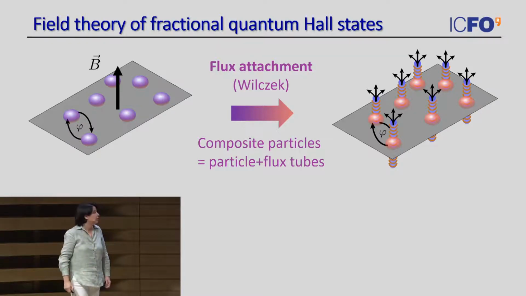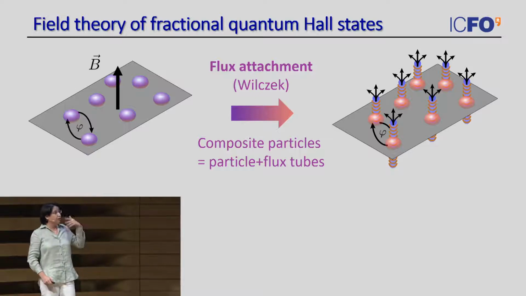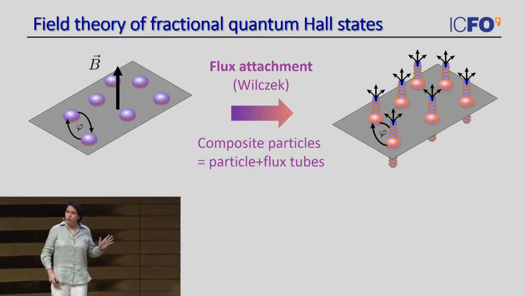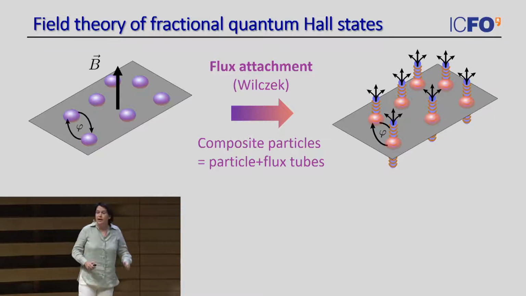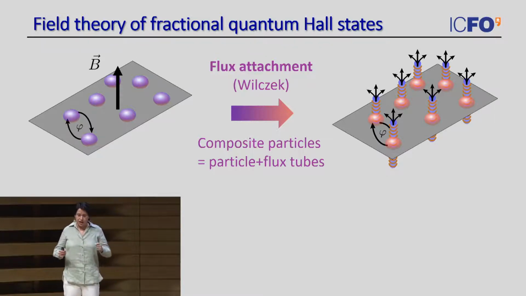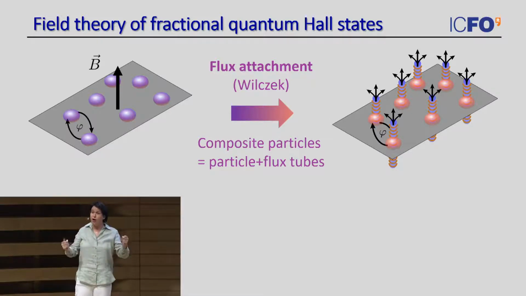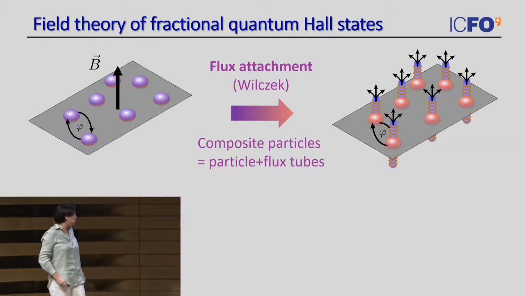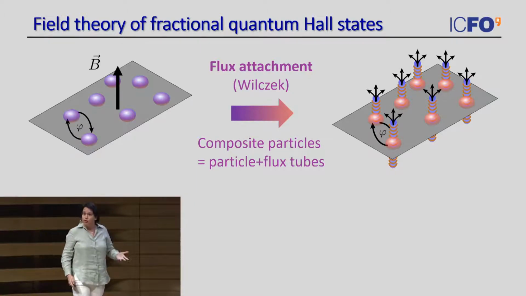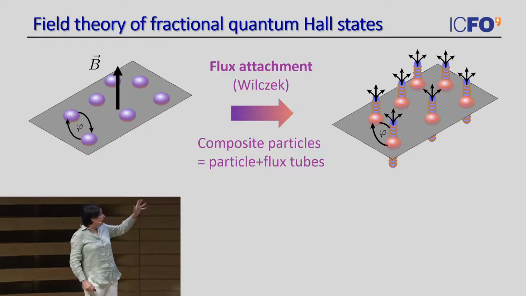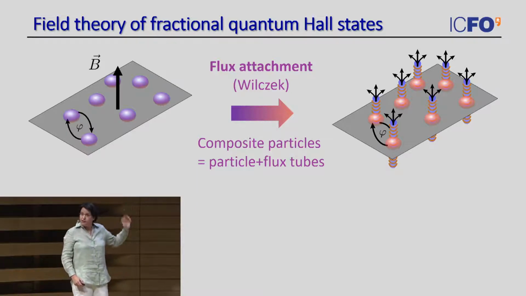attached to them. And now, if you think in terms of these composite particles, fractional quantum Hall physics becomes pretty simple, because, for example, this anyonic exchange phase just comes from the fact that if you exchange two composites, you're exchanging two solenoids, and then you have an Aharonov-Bohm phase associated to that. So in this type of model, a very important quantity, of course, is the magnetic field that is created by all these flux tubes.